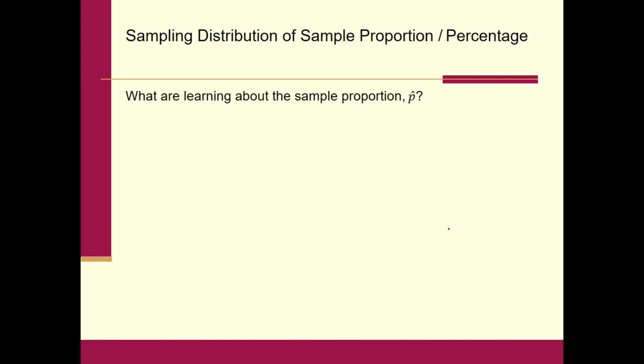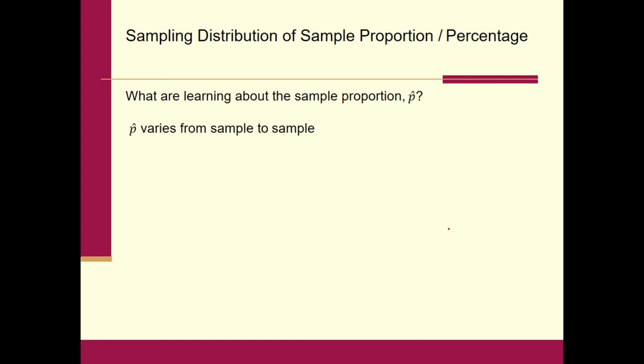So what are we learning about the sample proportion p hat? This is important. P hat varies from sample to sample. So unlike a random variable like time or weight, that varies from person to person.